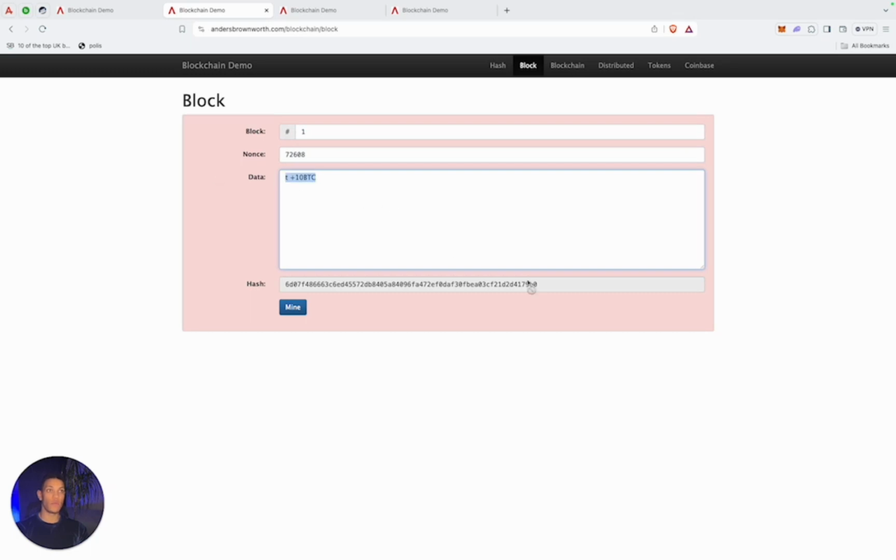So if we want the hash to agree with the block, we have to remine the whole block, and the hash adjusts accordingly. And again, if you change something, even just a space, the hash changes completely and we would have to remine the block again so that the hash agrees with these three pieces of data.